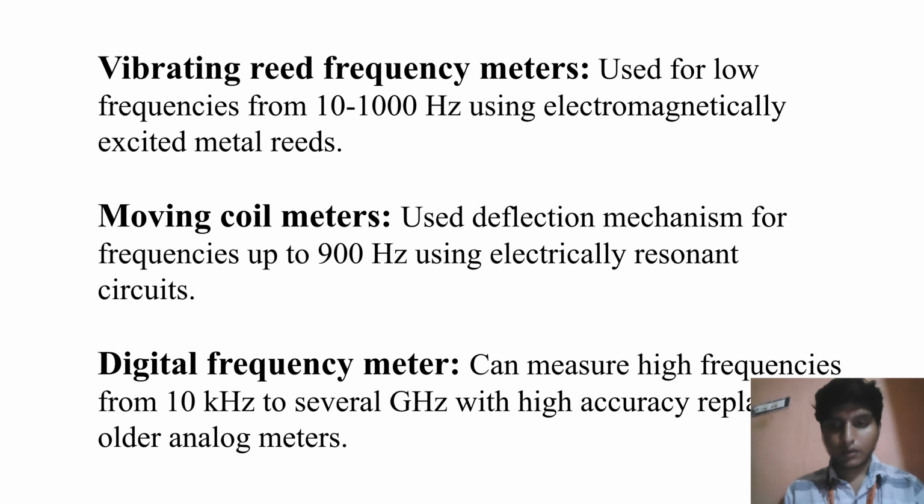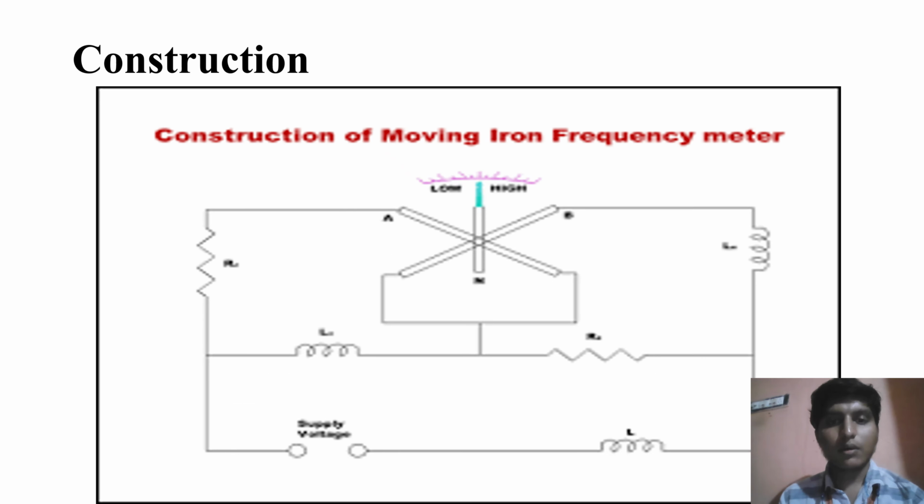And this is the diagram of the construction of the moving iron frequency meter. We can see coil A and coil B, and the resistance RA is placed in series, and LA is also placed in series.